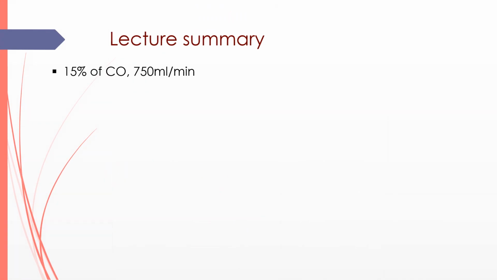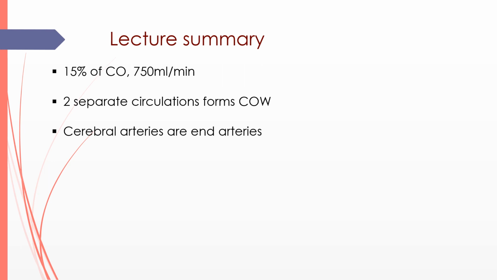Summary. Cerebral blood flow is around 15% of the cardiac output, which is 750 ml per minute. There are two separate circulations that form the circle of Willis: the internal carotid artery and the vertebral artery. The cerebral arteries are end arteries.